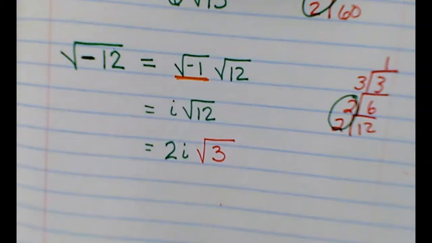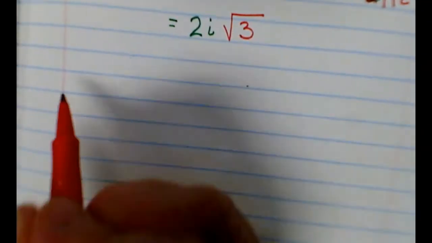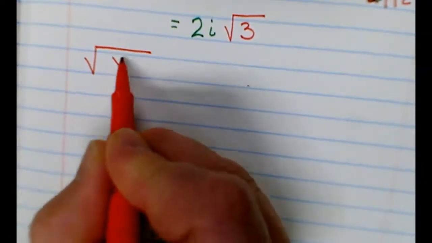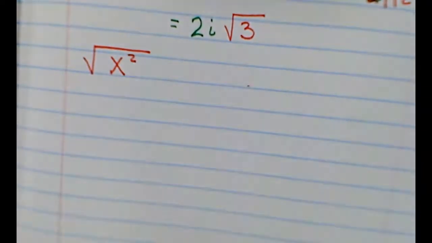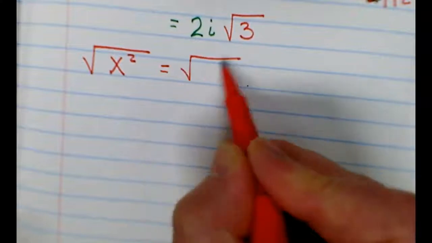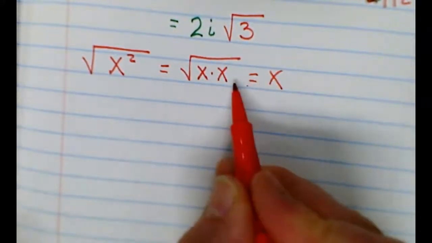And some of our problems are going to have variables in it. So what's the square root of x squared? Because there's a pair.